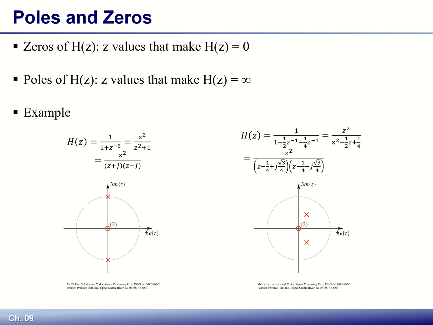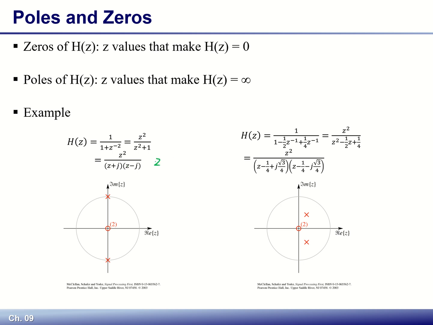Here we call zeros the values that make the Z transform 0, and poles the values of z that make it infinite. Here is an example. When you express this, z squared over z squared plus 1, we can express it as z squared over (z plus j)(z minus j).